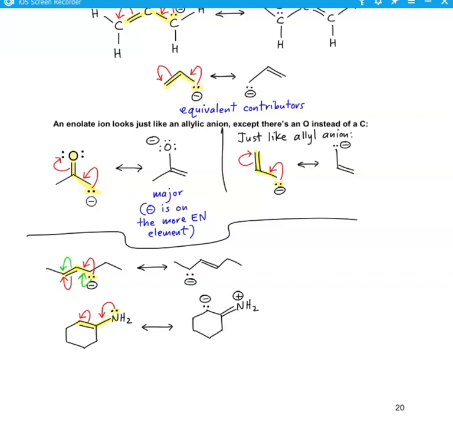In this case, that gives you a positive charge on the nitrogen and a negative charge on the carbon. So 2 things. First of all, this is not an allyl anion, but it follows the same pattern. Another point that I'd like to make is look at the nitrogen. The nitrogen has a positive charge.